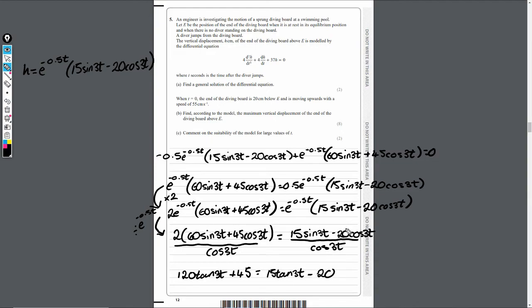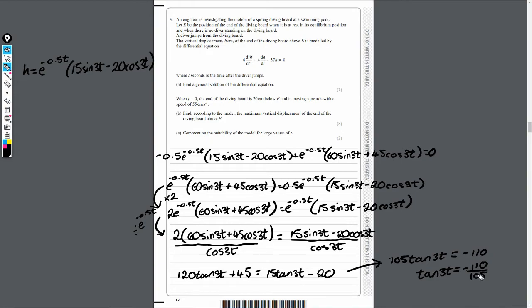Simplifying this now, I'm going to get 105 tan 3t equal to minus 110. So therefore, tan 3t is going to be equal to minus 110 divided by 105.